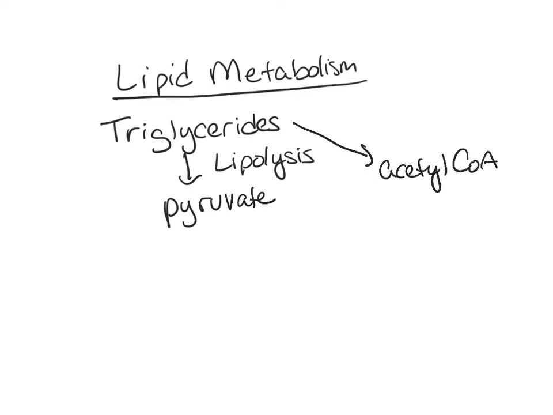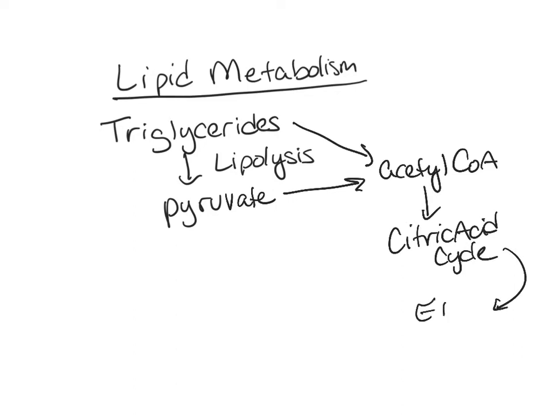If they're broken down into pyruvate, pyruvate will be broken down into acetyl-CoA, just like we saw in glycolysis where a carbon is removed, and then acetyl-CoA will move into the citric acid cycle. Then all those hydrogens from the citric acid cycle will be taken to the electron transport system to create the conditions to make ATP. So let's take a look at what a triglyceride is.